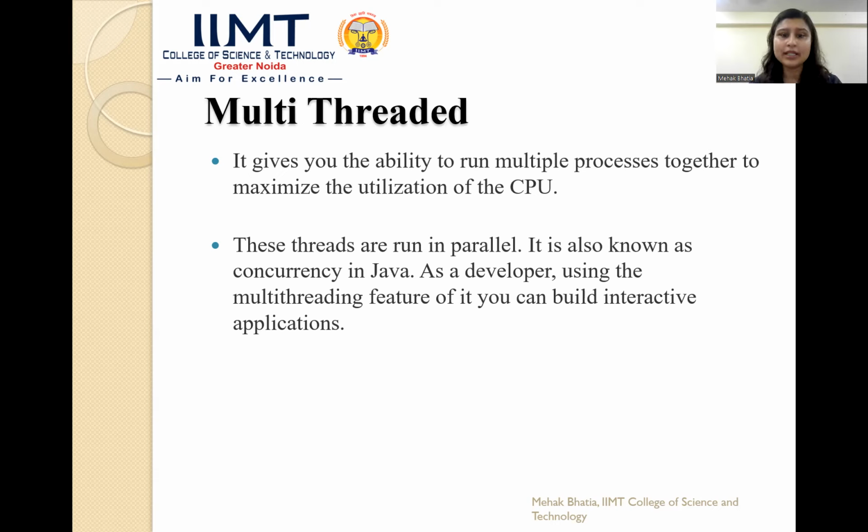It gives you the ability to run multiple processes or threads together to maximize the utilization of CPU. So the multi-threaded feature maximizes the utilization of CPU, and Java allows multi-threading. These threads are run in parallel, concurrently, and it is also known as concurrency in Java. As a developer, using the multi-threading feature, you can build interactive applications.